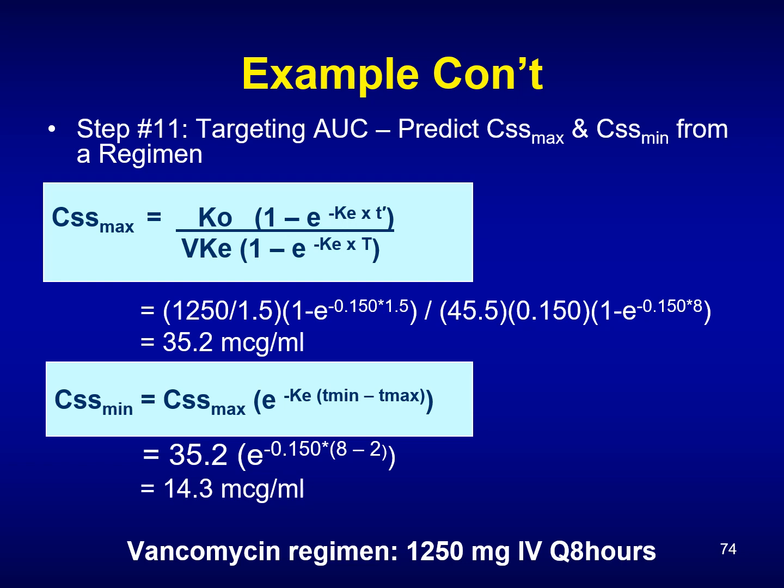But Tmax, remember, occurs at 0.5 hours after the end of infusion. Because the 1250 milligram dose for vancomycin will be infused over 1.5 hours, Tmax occurs at 0.5 hours after the end of 1.5 hours. So Tmax occurs at hour 2. That's why this time difference here is 8 minus 2, which is 6 hours.